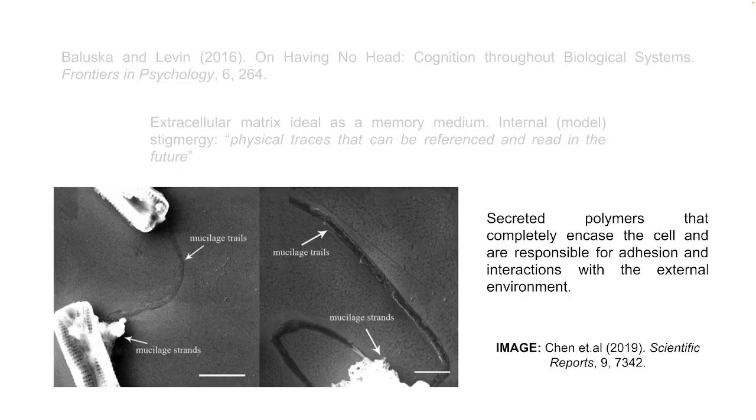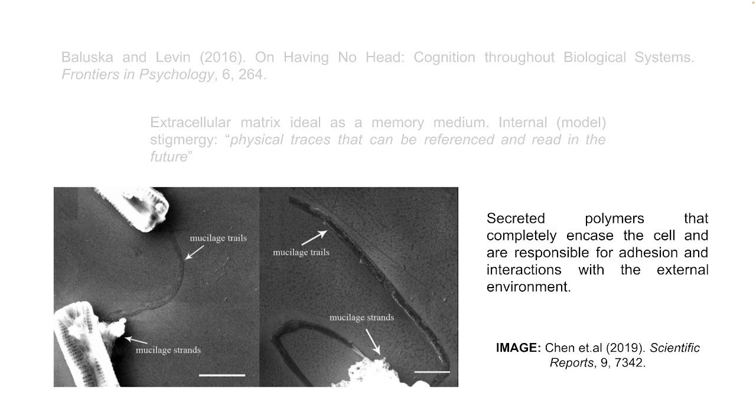in diatoms as well. So in diatoms, there's an interesting extracellular stigmergic mechanism, and then there's these mucilage trails. So these mucilage trails are secreted polymers that completely encase the cell and are responsible for adhesion and interactions at the internal environment. So these mucilage trails and strands work to connect these cells together.